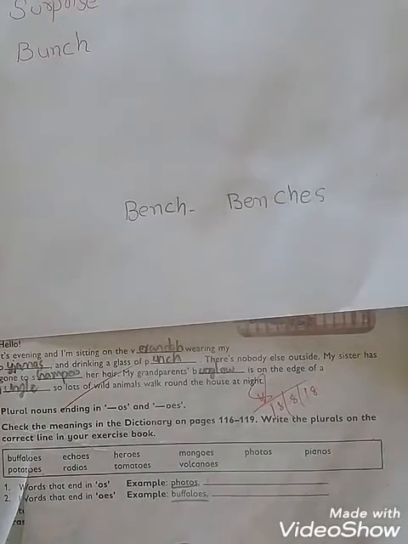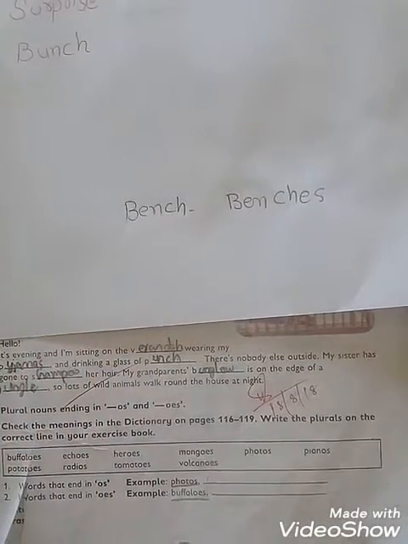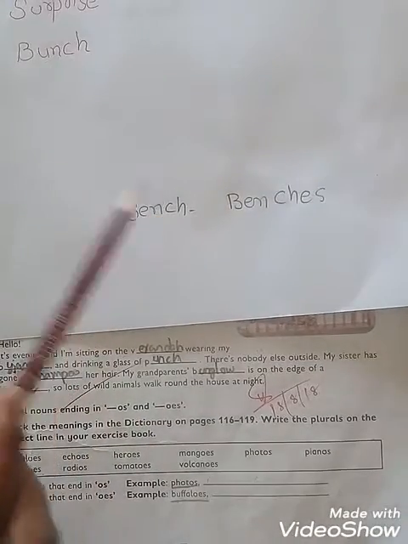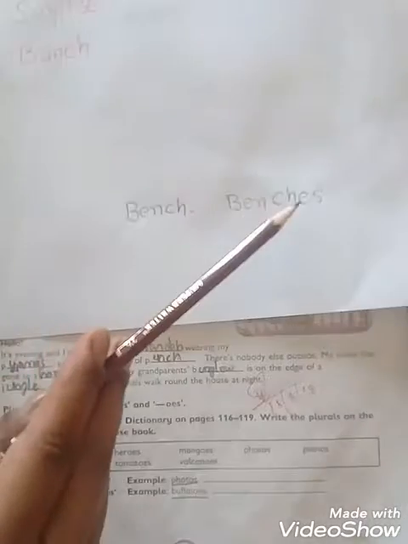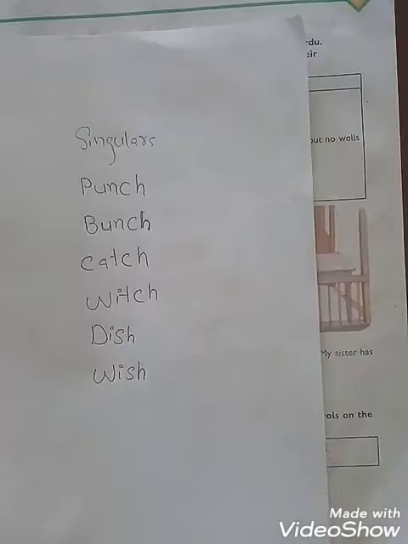For example, the singular bench, plural is benches. Bench is ending with CH. Now the plural will be benches, CHES. Now you have to write the plural of these words: punch, bunch, catch, which, dish, wish. Write down the plurals of these words.